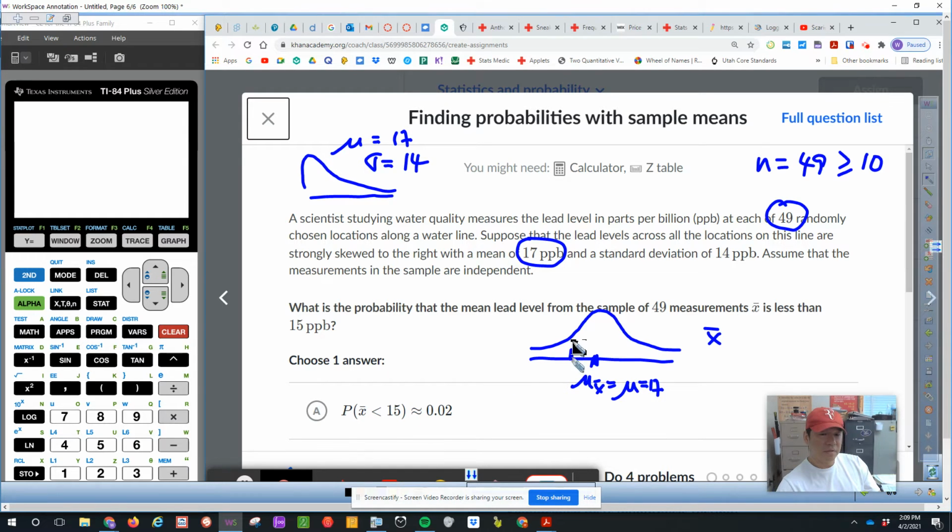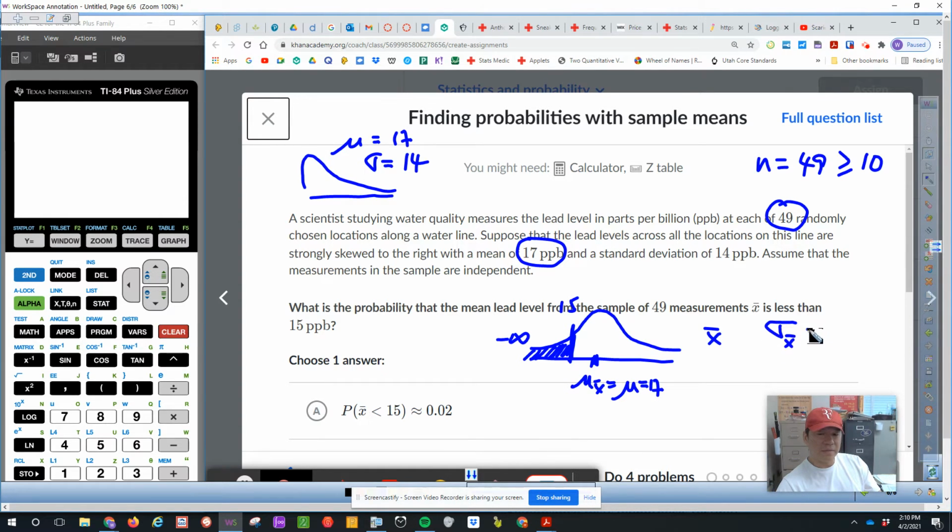So less than 15 is about here. Let's say this is 15. Less than 15 is shaded to the left, so this is towards negative infinity. So I have all the information: my lower bound, which is negative infinity, my upper bound, which is 15, and I have my mean. I need to find this.